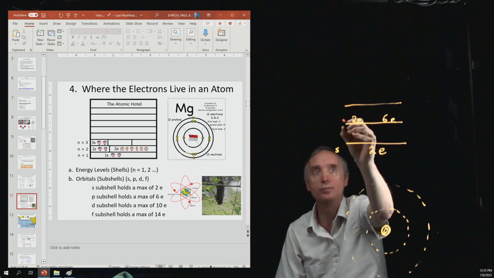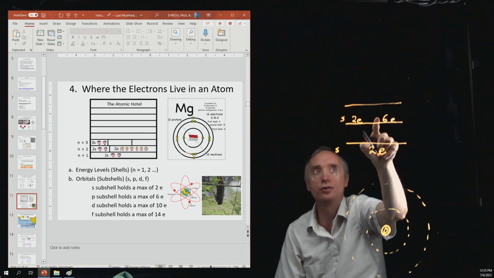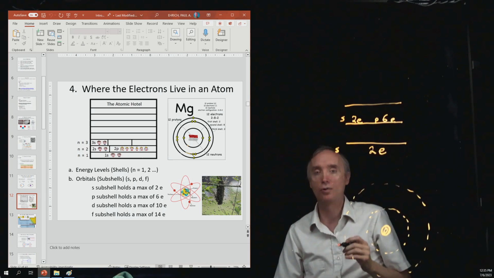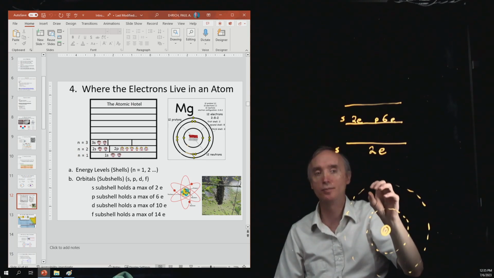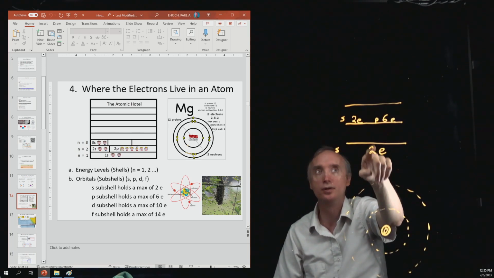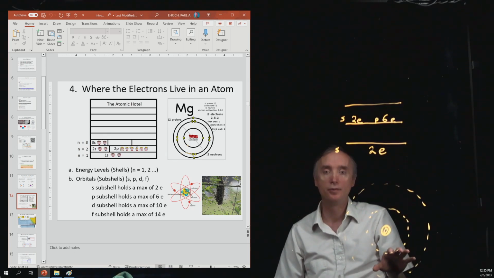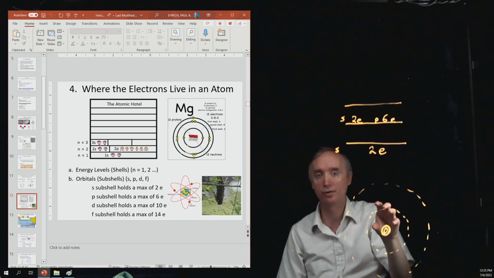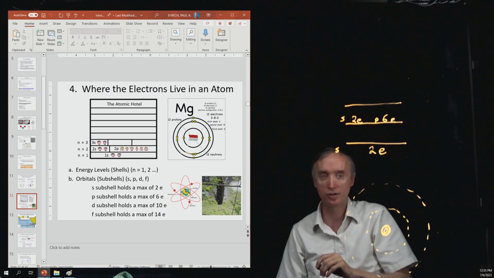That means that this one is also an s, and this one over here is going to be called a p subshell or a p orbital. So just remember that s's hold 2, p's hold 6. That's all that you need to know. But in chemistry, you would also learn about some of the other rooms, such as the d and the f subshells, but we don't care about those.